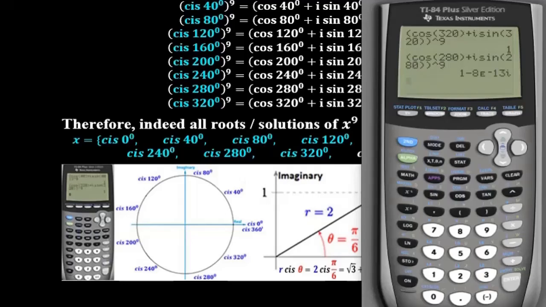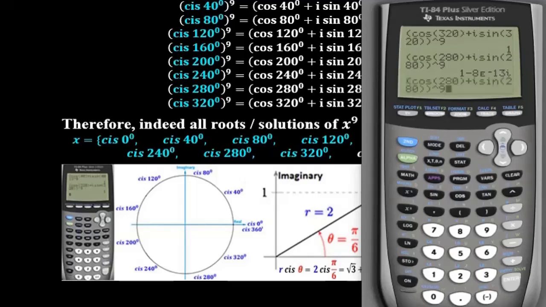Now you get here 1 minus 8 times 10 to the minus 13. This is because the calculator is using approximation, and 10 to the minus 13 means 0.000000 all the way to 13 zeros, and that is 0. This is due to approximation. This is really 1. This is 0 really.